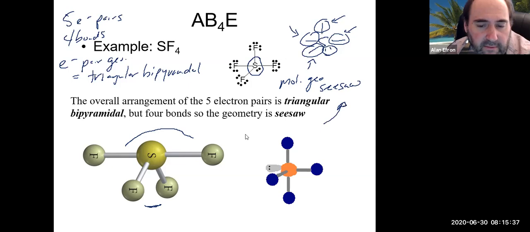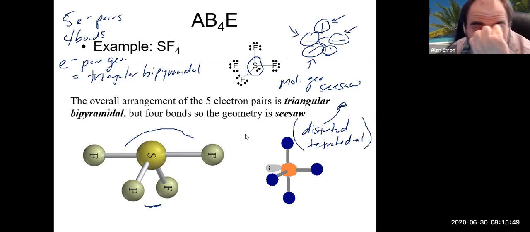Some people, in some books, will use another name. Some people will call this the distorted tetrahedral. You'll sometimes see distorted tetrahedral used for this geometry instead of seesaw. I think your book goes with seesaw, but some places will use the other one as well.